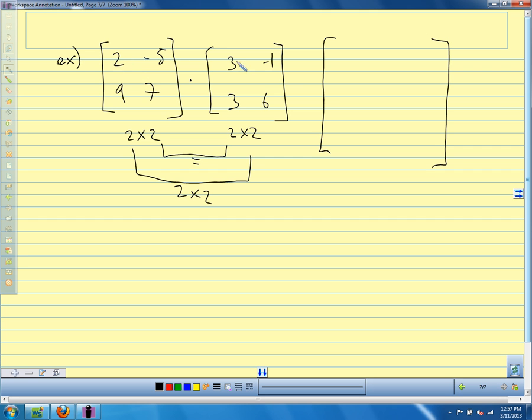So first row, first column: I'll write it all out, 2 times 3 plus negative 5 times 3. First row, second column, 2 times negative 1 plus negative 5 times 6. I'm going to move this out a little bit.